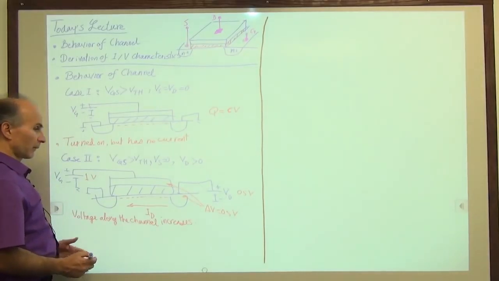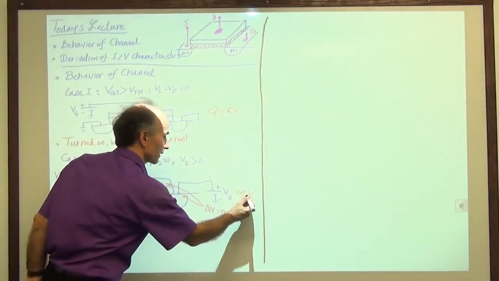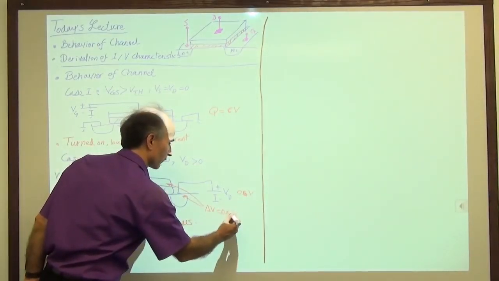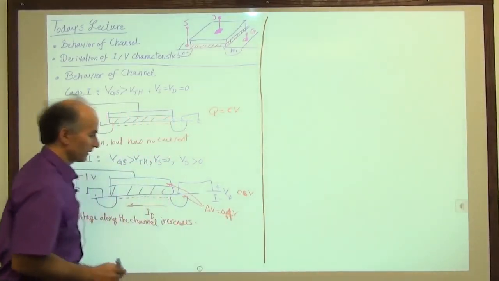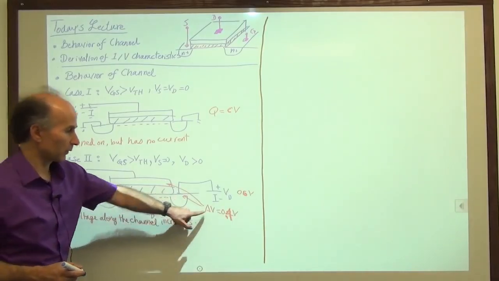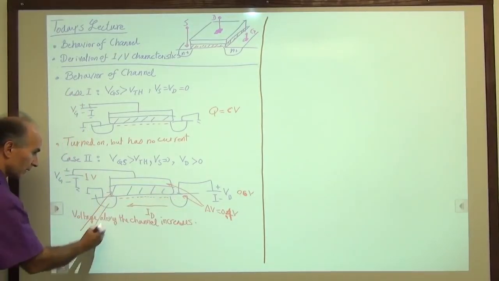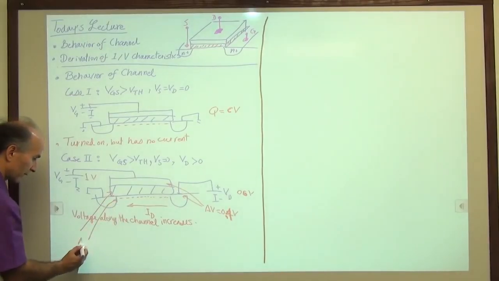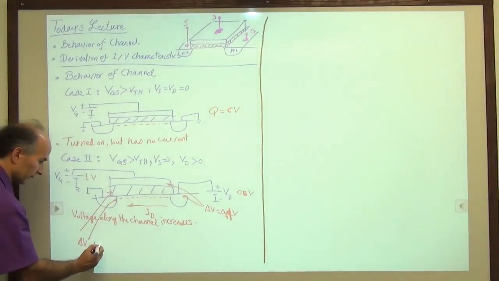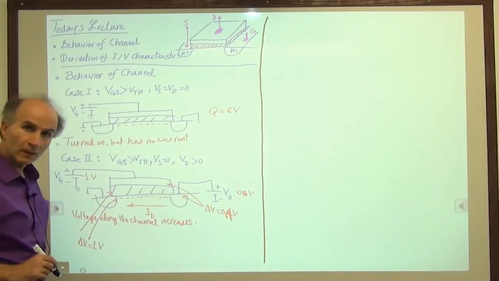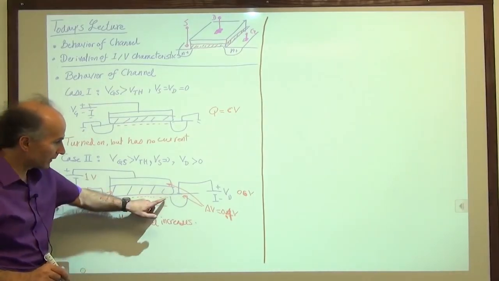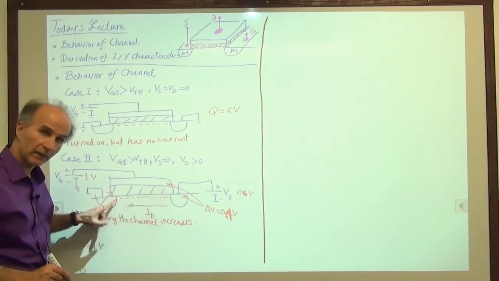Okay, so let me play with numbers so that it's nice and clear, so let's make this 0.6 volts. So this is 0.4 volts so that we can clearly see what's going on. 1 volt minus 0.6, 0.4 volts. On the other hand here, delta V is equal to 1 volt. So that means that the charge density is less here than here.